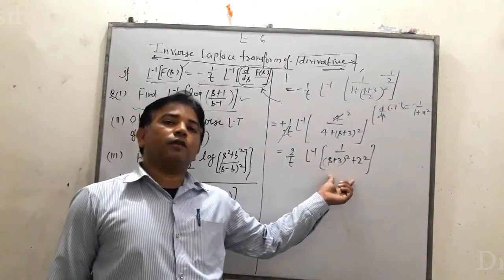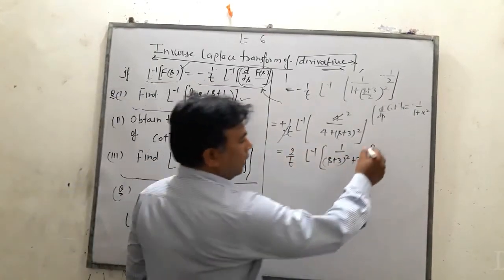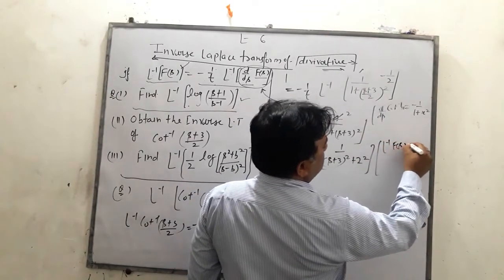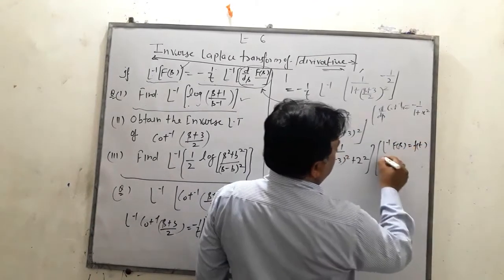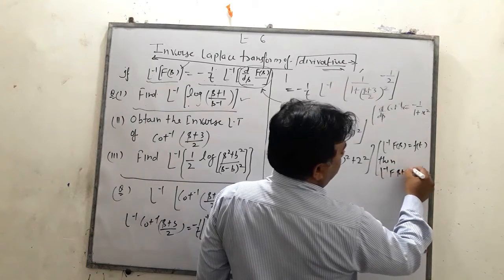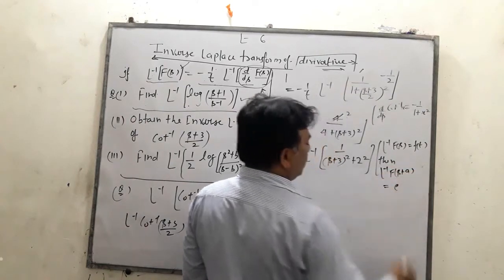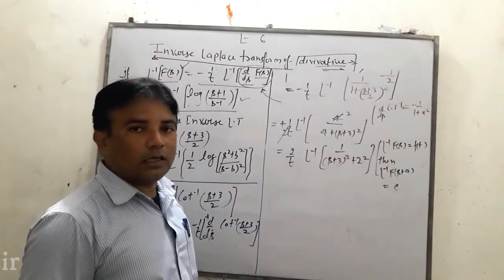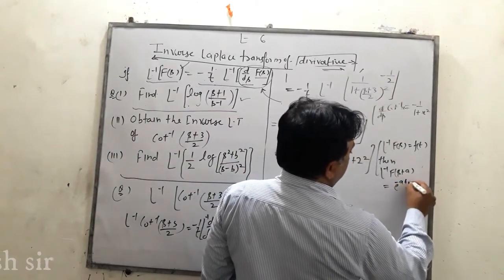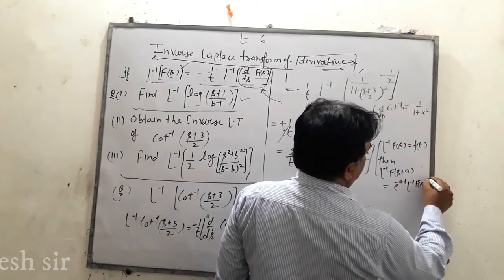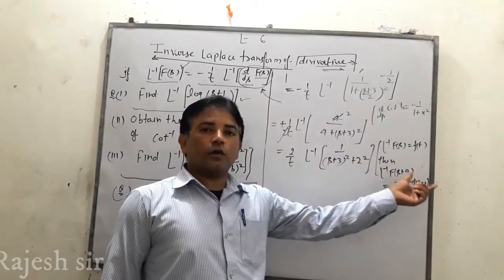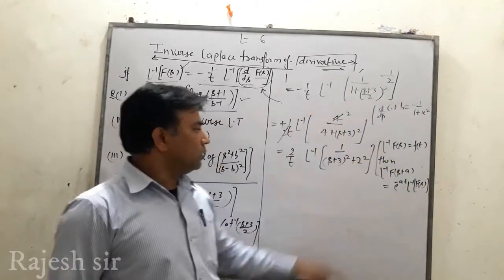For the inverse of this function, we use the first shifting property. Write it down here: if the Laplace inverse of F(s) equals f(t), then the Laplace inverse of F(s plus a) equals e to the power minus at times the Laplace inverse of F(s). I taught this property of the inverse Laplace transform in the previous video.